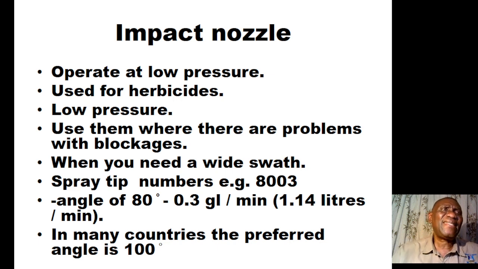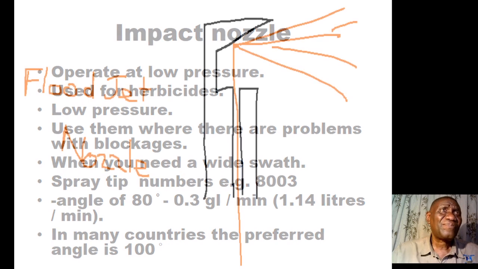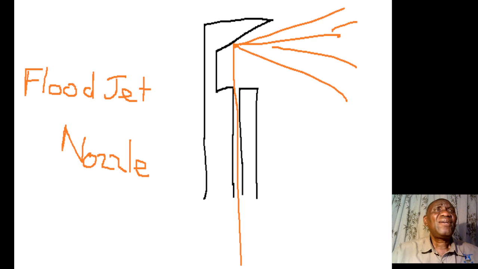Now, in many countries, the preferred angle of the spray is 100. So this is a simple diagram of a flat jet nozzle or an impact nozzle. You have the liquid shown in brown hitting a hard surface, and it breaks into droplets.